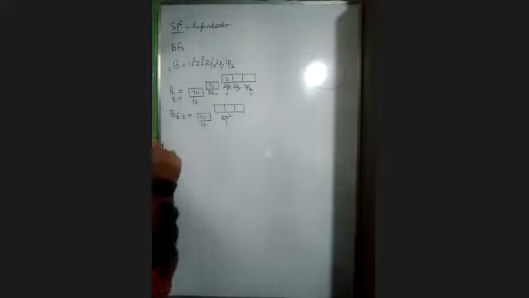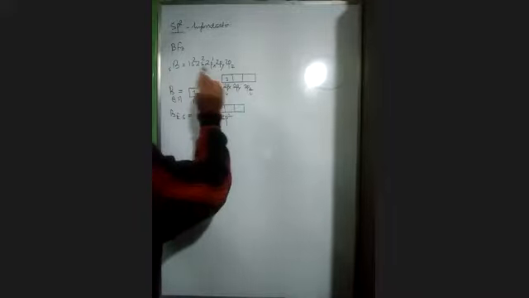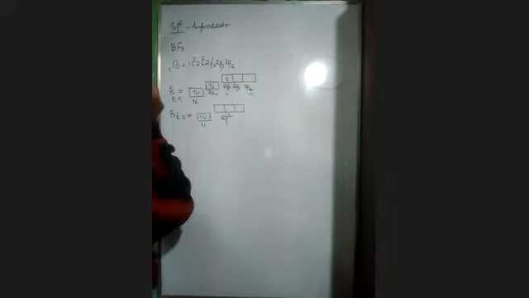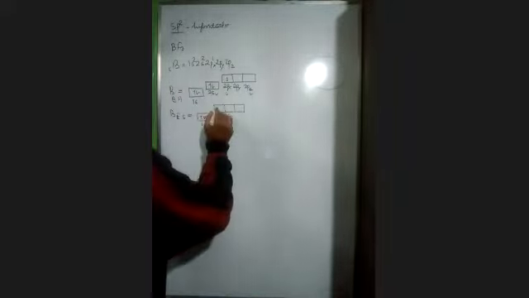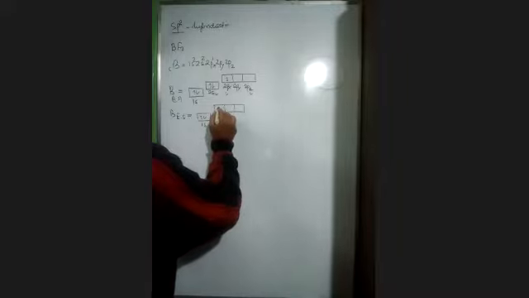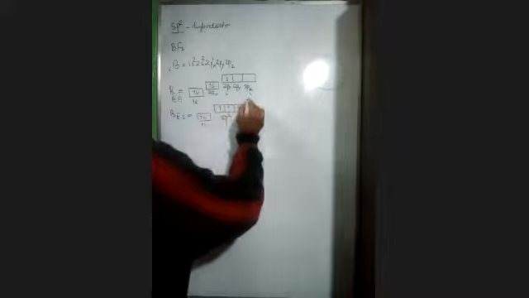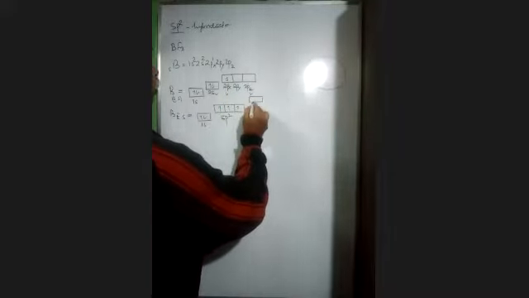How many electrons do we have? 1, 2, 3. So 3 electrons. All hybridized orbitals are degenerate, means they have the same energy. So we have to follow Hund's rule of maximum multiplicity. We put 1, 1. Please see, dear, 2py I did not take.